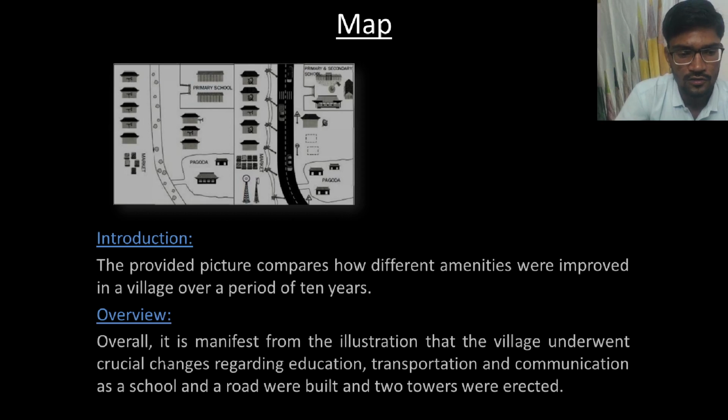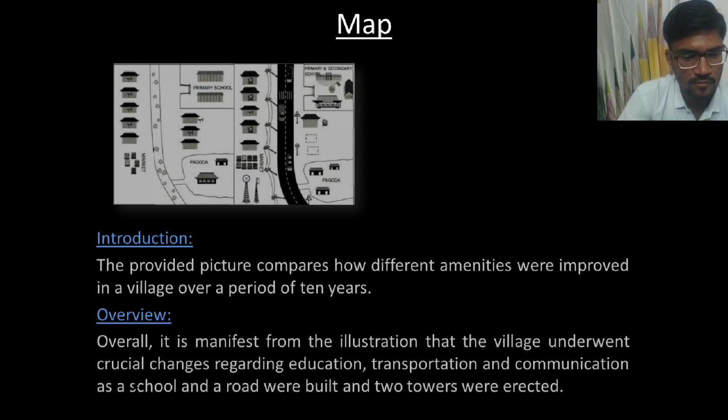यहाँ पे overall it is manifest from the illustration that the village underwent crucial changes. Crucial changes बोले तो important changes which were regarding education, transportation and communication. Education, here you can see secondary school, and here it is transportation, and here in the southwest the village had two towers or two radio stations, we could say, for better communication.